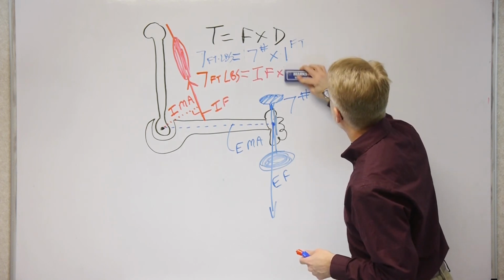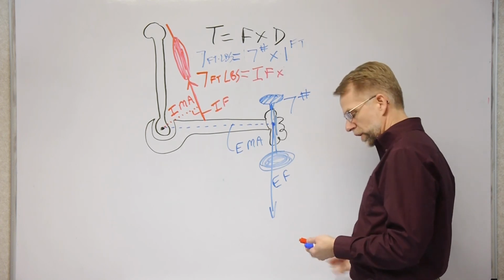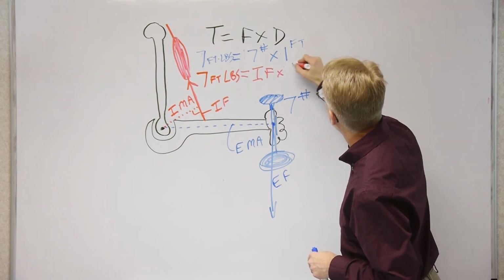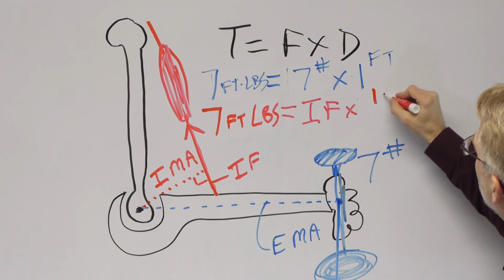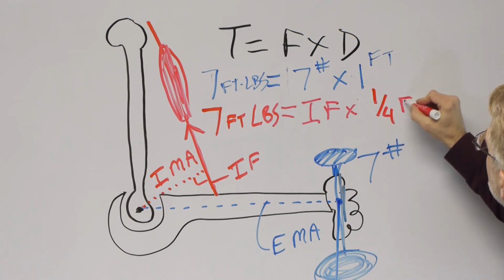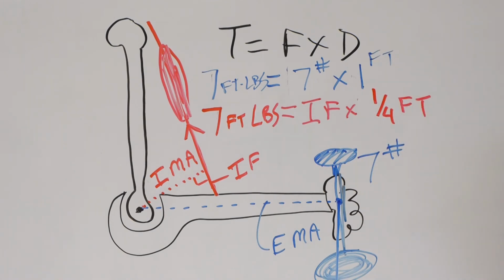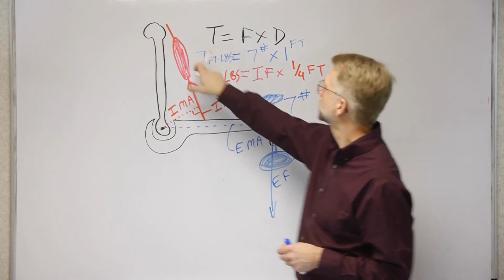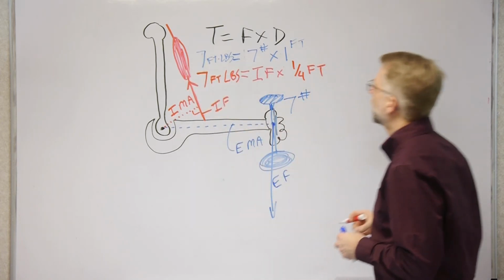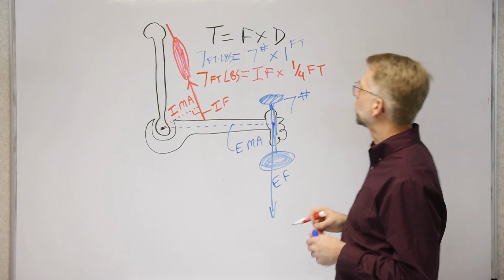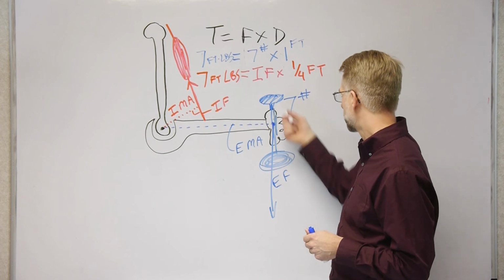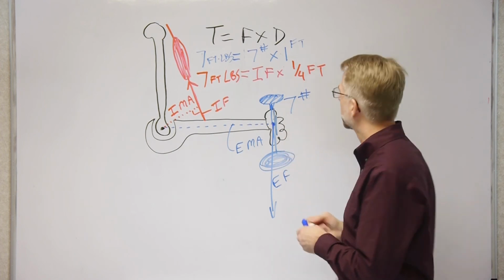Just to make it easy, let's say that internal moment arm is 3 inches, which would be then, to keep the units the same, 1/4 foot. All right. And what we're wondering then is, well, how much force does this biceps have to generate in order to equal the torque created by the 7-pound weight in my hand?